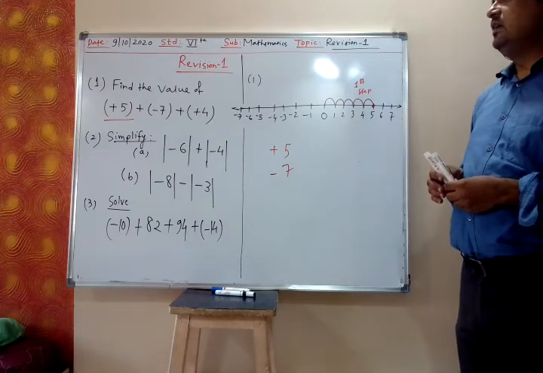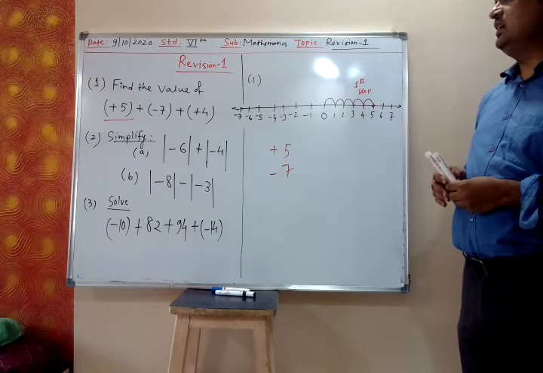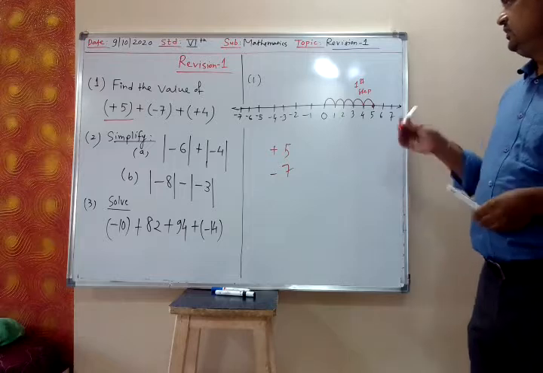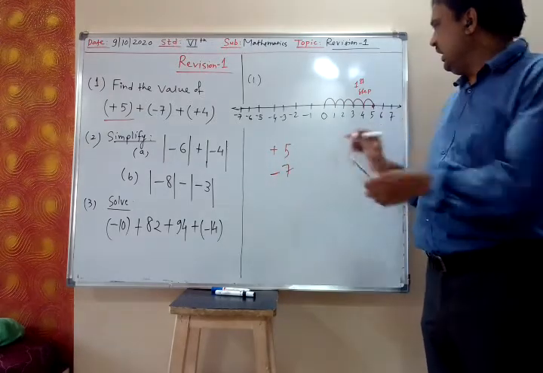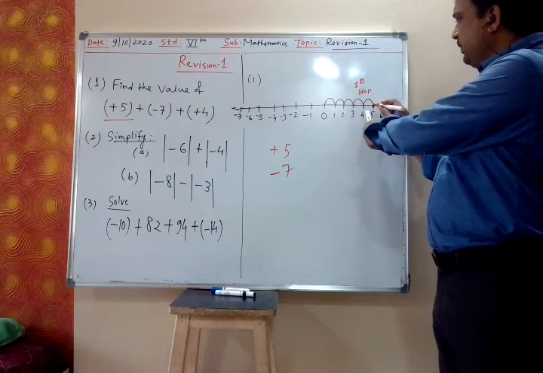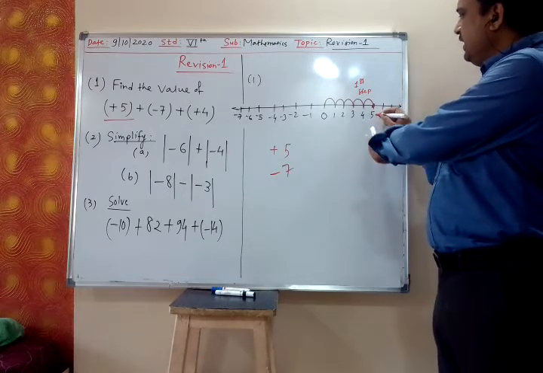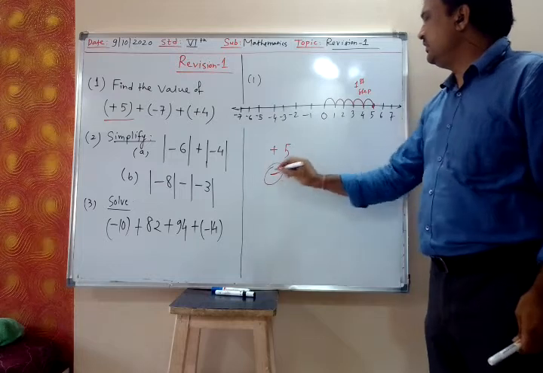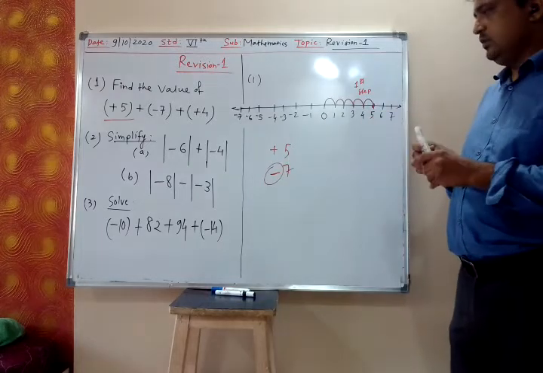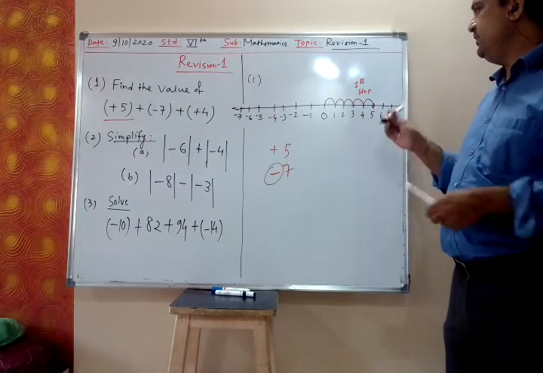Are you getting it? We will make 7 jumps to the left. From plus 5, I will make 7 jumps to the left because it is minus 7.